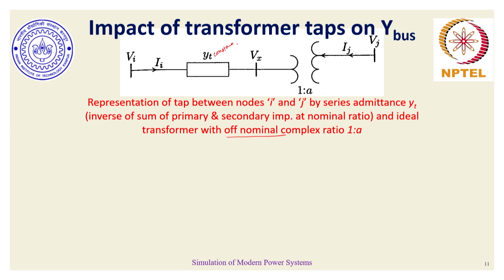Again, as electrical engineers, we do trade-off analysis, and even if we were to evaluate Yt as Y primary plus Y secondary by A square, any significant difference in A will only result in the change of Yt. Transformer taps have a defined limited number of tap positions, and under this consideration, A doesn't change much from 1.